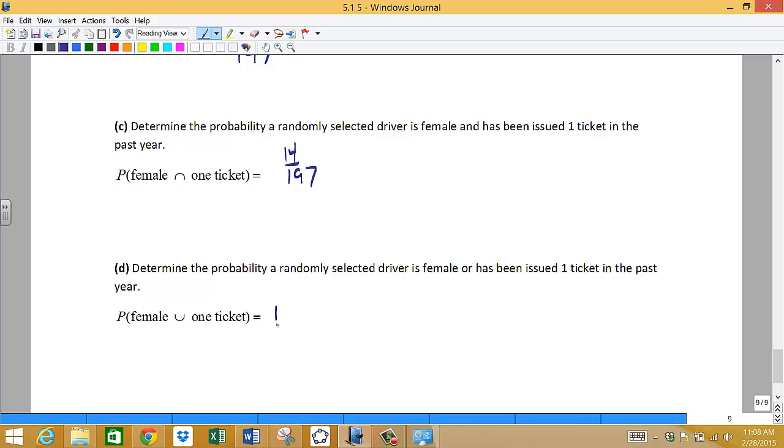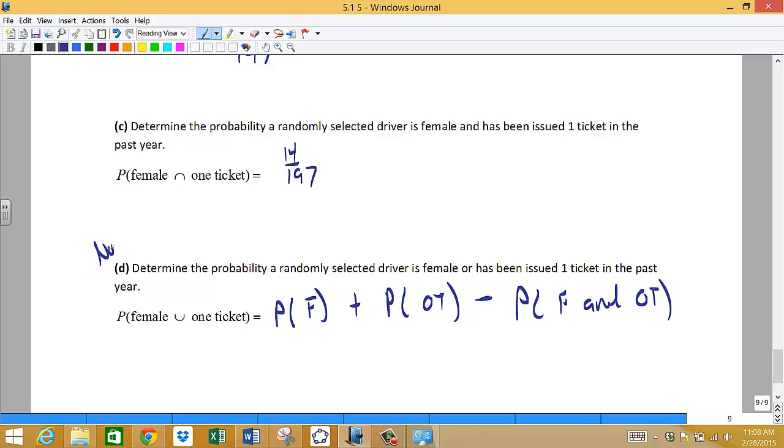So this will just be the non-disjoint rule. Probability of female plus the probability of one ticket holder minus the probability of female and one ticket holder. Right? We put this for the non-disjoint. So this event is non-disjoint. Okay. So the probability of female we found already, 115 over 197.